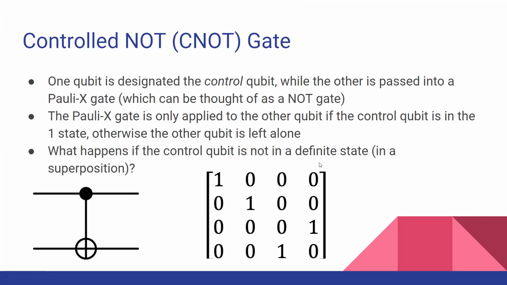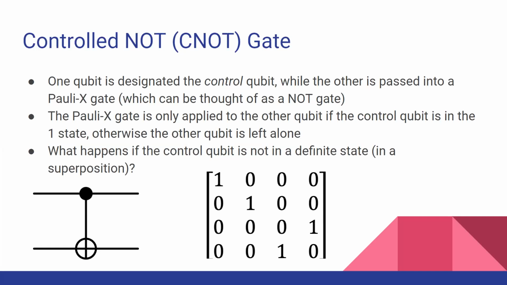Now, the reason why this is an interesting gate is because now we have to consider an interesting situation: what if the control bit is not in the definite 0 and not in the definite 1 state? What if it's in a superposition of the 2? That's a very good question. It would seem weird because we know that the second qubit is only notted if the first qubit is in the definite 1 state, and if it's in the definite 0 state, it doesn't knot it.